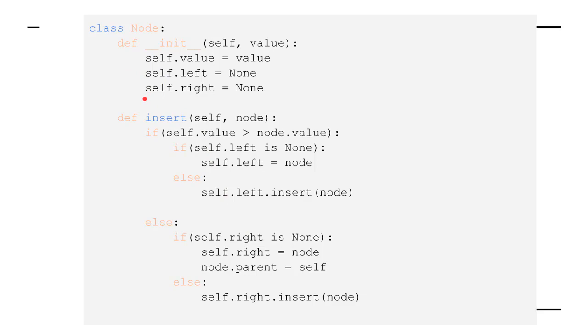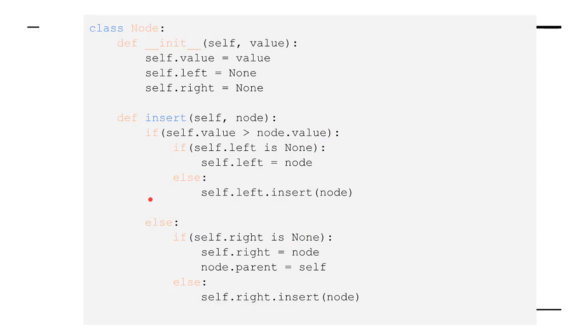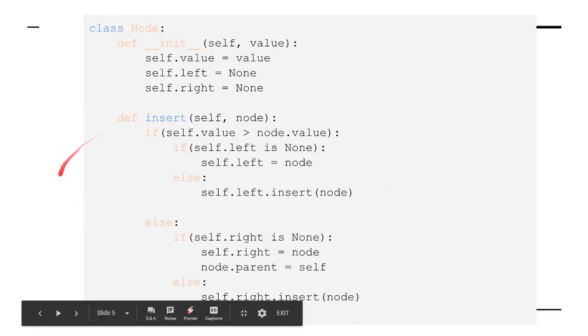This one right here is the constructor. It will initialize the values of this node. Then we have a method to insert a node in the tree.